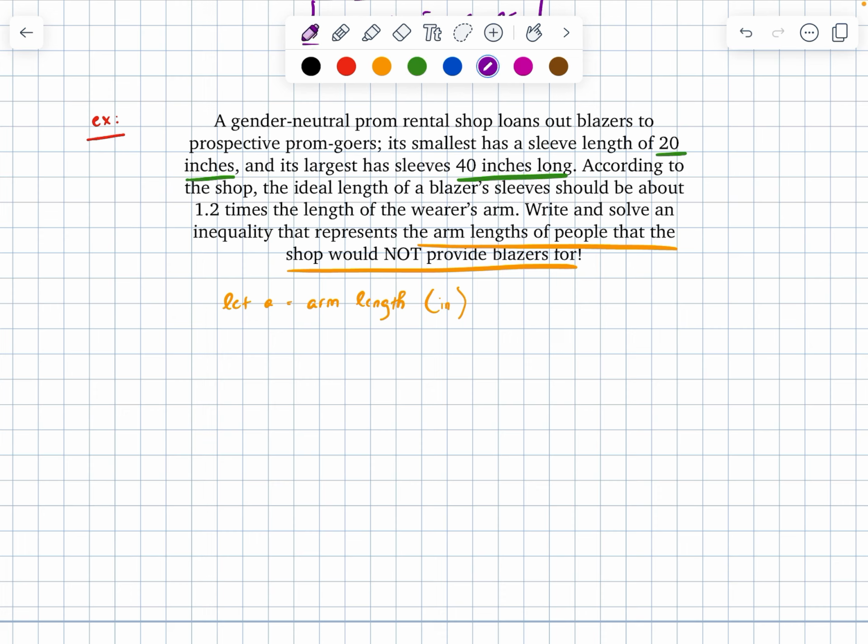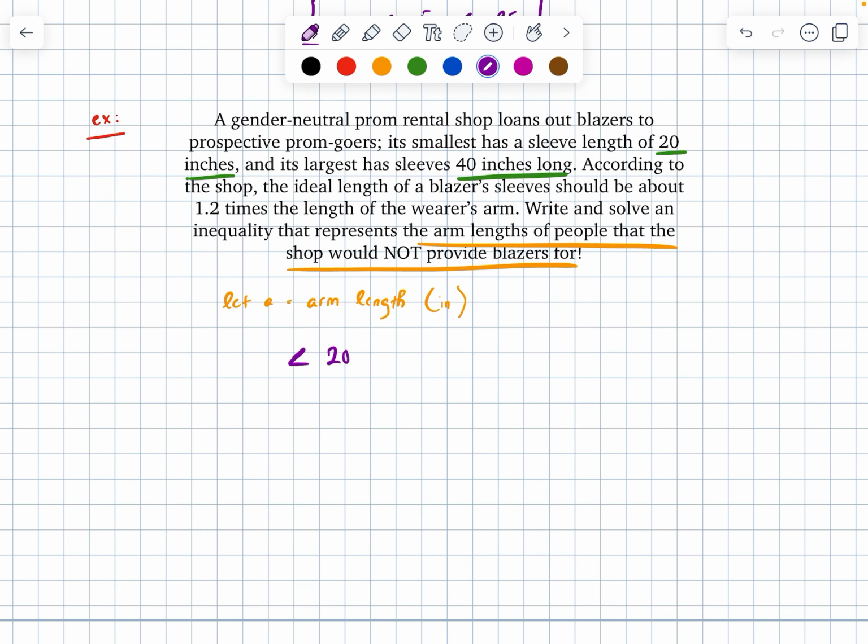So in this case, that tells me that the people that I wouldn't be able to either have to be less than 20 inches or greater than 40 inches in arm length. So this here represents the people that I wouldn't be able to solve for.